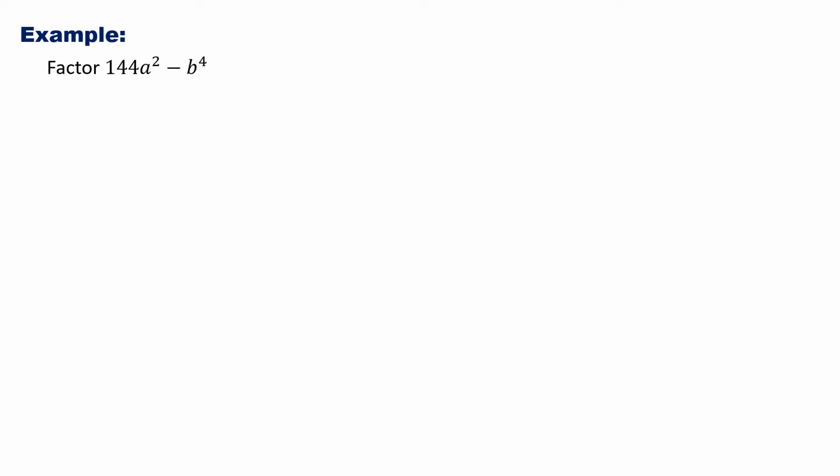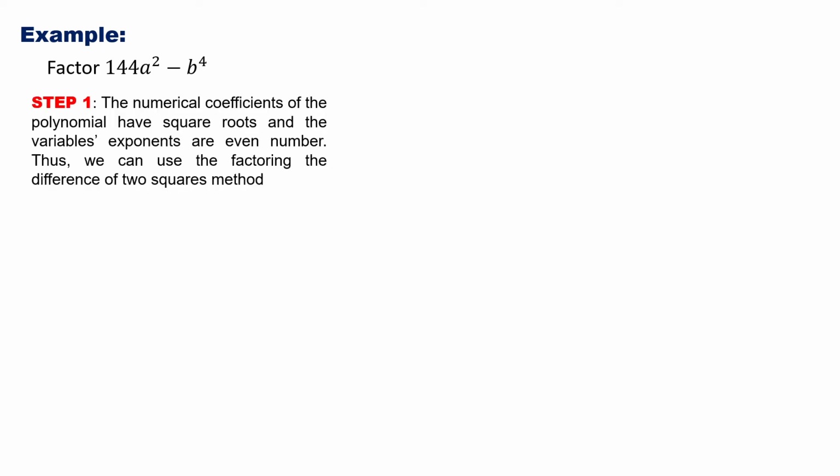So let us have an example. We have: factor 144a squared minus b raised to the power of 4. So the numerical coefficients, which are 144 and negative 1 or 1, have square roots and the variables' exponents are even numbers.